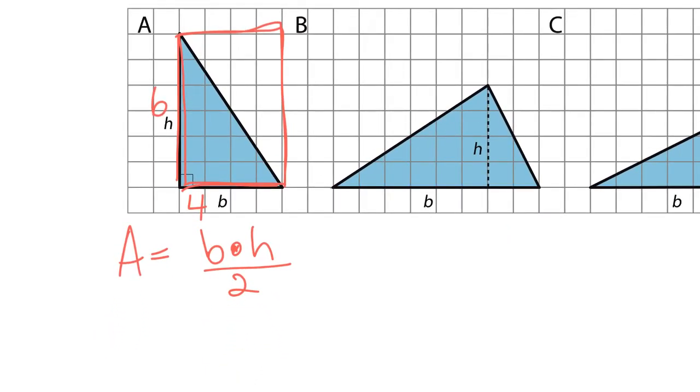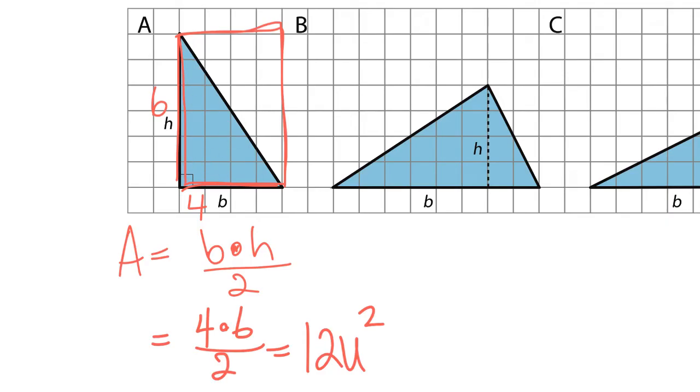So in this case, it's going to be 4 times 6 divided by 2. And that's going to give us 12 square units. All right, because 4 times 6 is 24. 24 divided by 2 gives us 12. So this blue triangle is 12 square units.